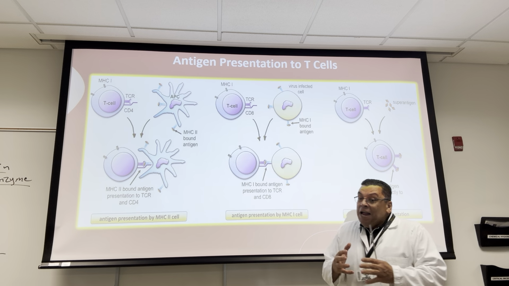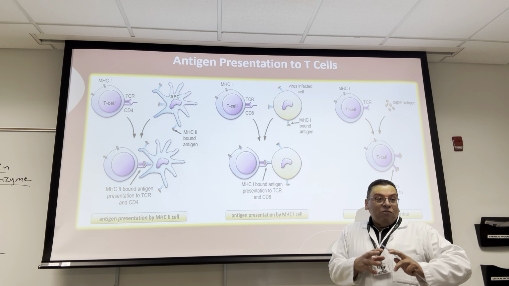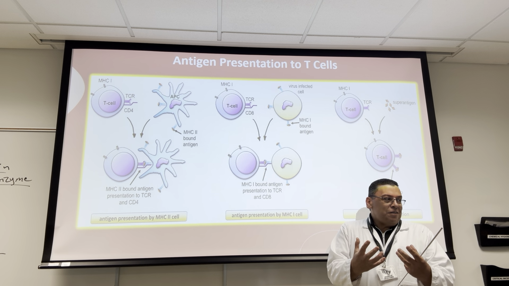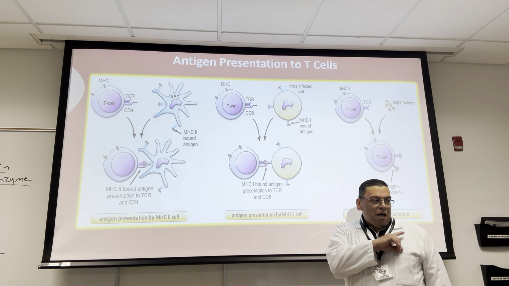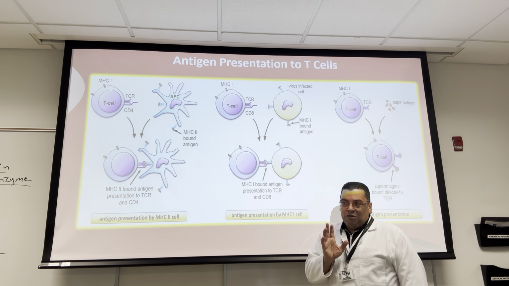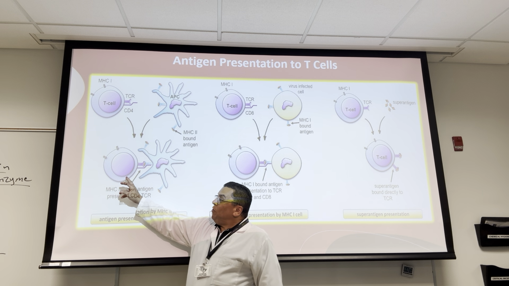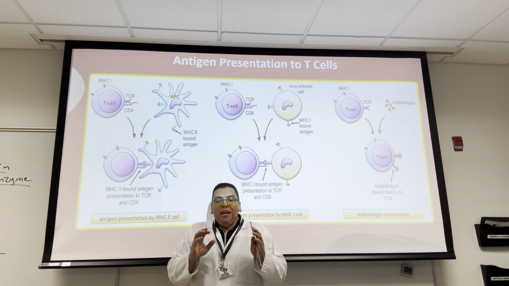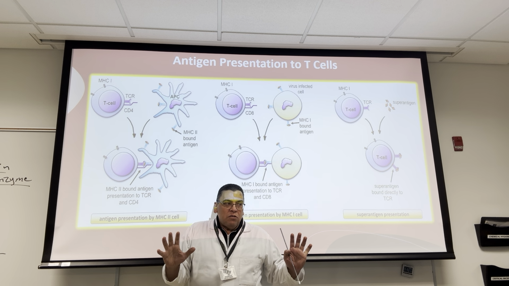You say, I know you're about to do your job. I know you're about to attack, but do it nicely. Be nice. Be nice to who? To the host, not the pathogen. You don't want to be nice to the pathogen. Antigen presentation like this will produce a response that is tailored, meaning enough to kill the pathogen, but the host should be just fine.